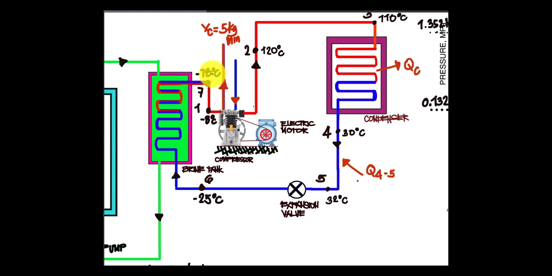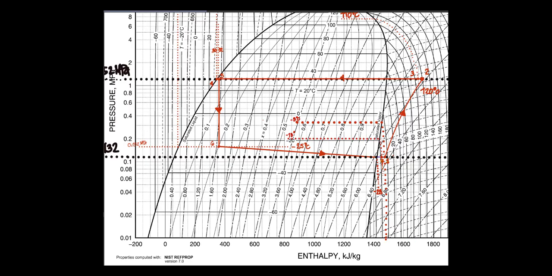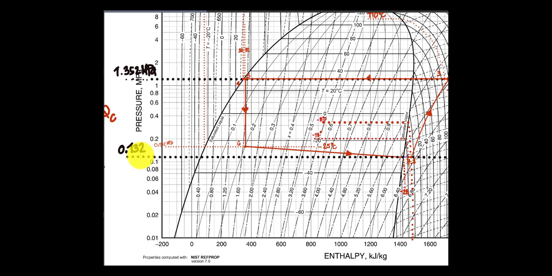Now looking at our point 6, that will be negative 18 degrees Celsius. The enthalpy at negative 18 degrees Celsius with the corresponding pressure of your point 7 at this part is 0.132 megapascal, with the corresponding temperature of negative 18 degrees Celsius.